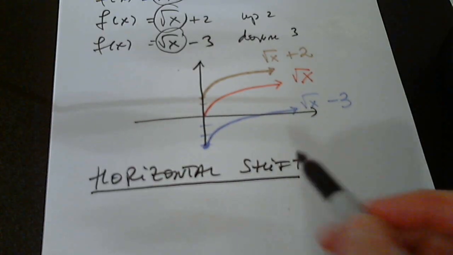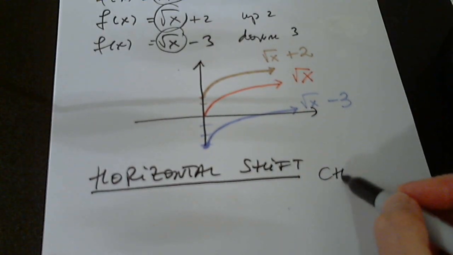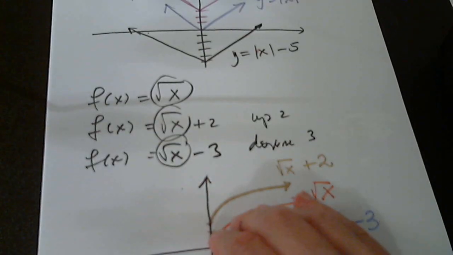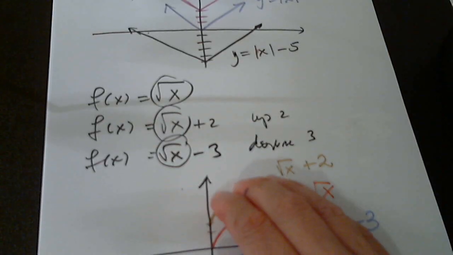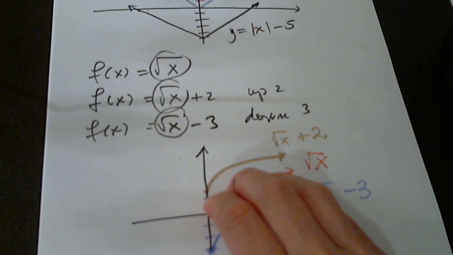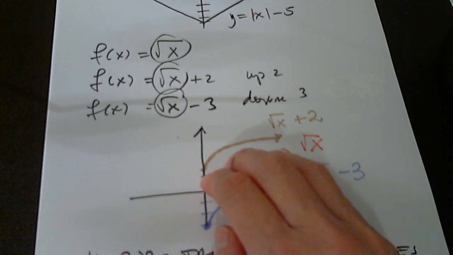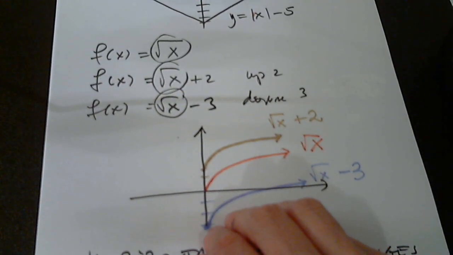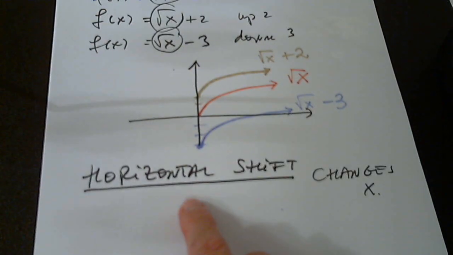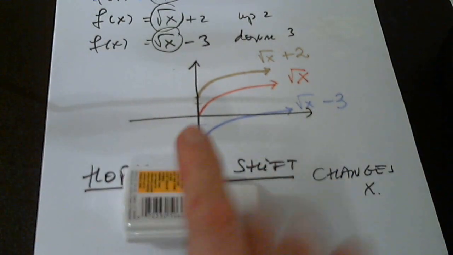Horizontal shift. Horizontal shift changes x. So remember here what happened. This was the y value. It changes by up 2. This is the function, the original or basic function, and the y value changes. No x value changes. Now horizontal shift is something like this.